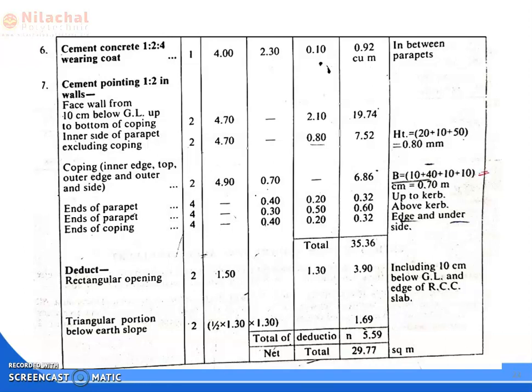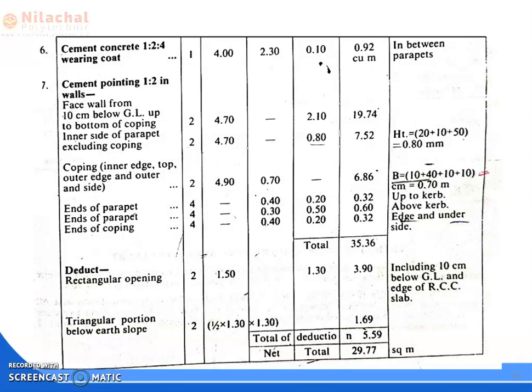What does 1:2 mean? 1 is the amount of cement and 2 is two times sand. Suppose we add one bag of cement, then we add 2 bags of sand in this 1:2 composition. First of all, the cement pointing or plastering is provided on the wall.